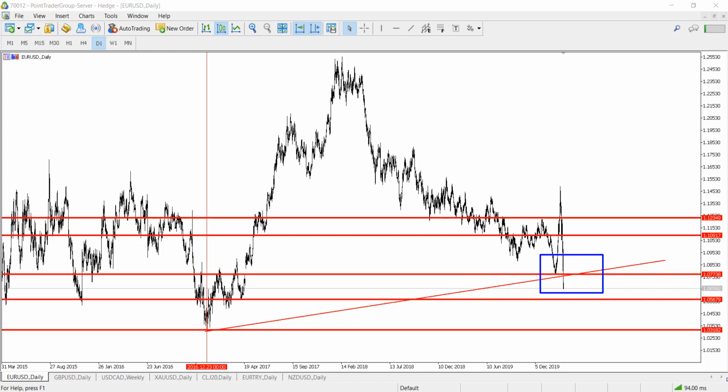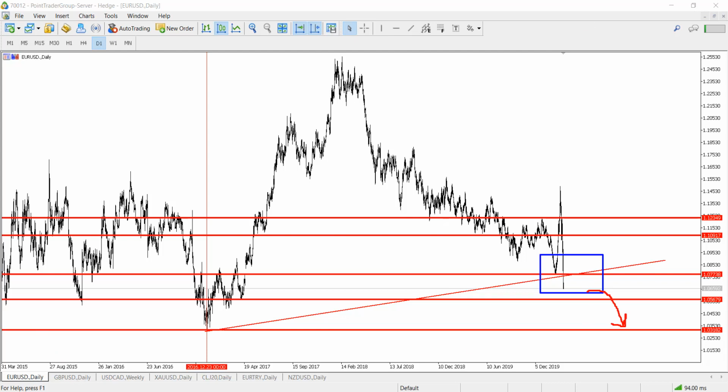On the other hand, if this support level, 1.0567, is broken to the downside, the pair might continue going downwards to reach this historical level, that is 1.0320.